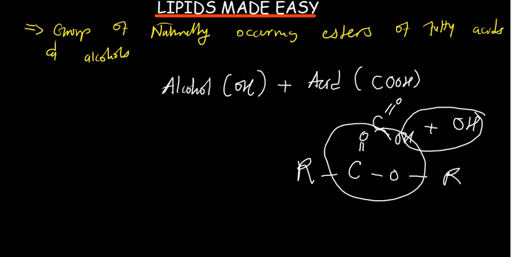So an ester is a compound formed when an alcohol reacts with an acid. That is why we are saying lipids are groups of naturally occurring esters of fatty acids and alcohols. If you see fatty acid, it has this acid group, and alcohols, meaning it has the OH group. That is what gives us an ester. Now, at times you might confuse it and say a group of naturally occurring esters of fatty acids and glycerol.